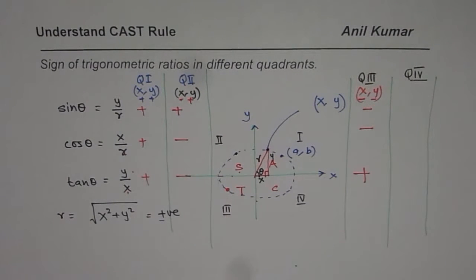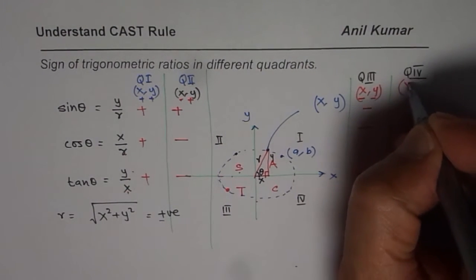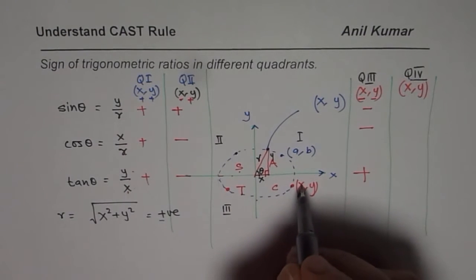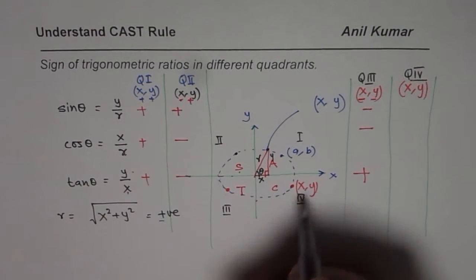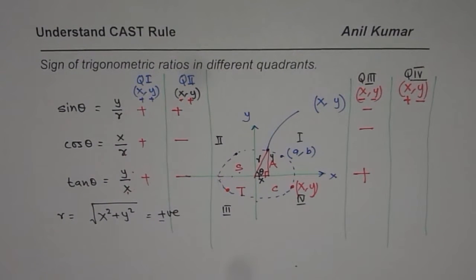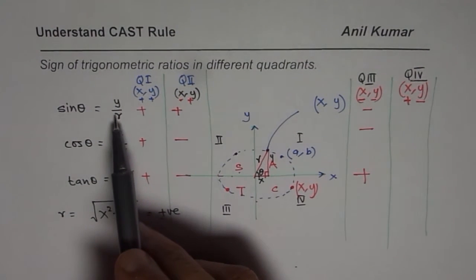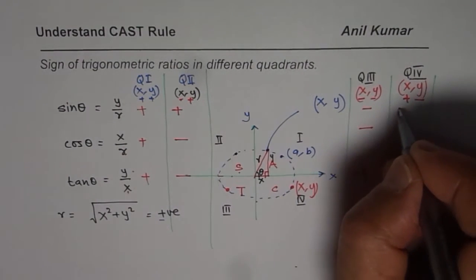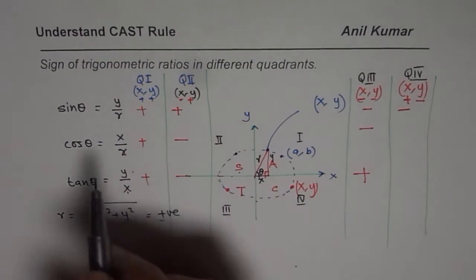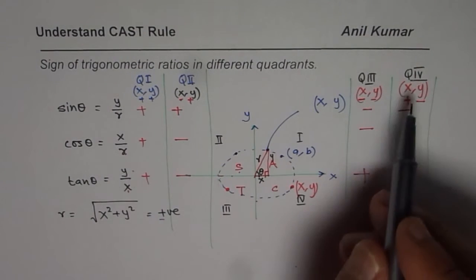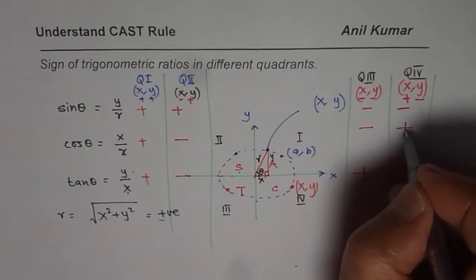In quadrant 4, what happens? Again, let's look at the x and y positions. x is positive now, but y is negative. If you apply the ratios, y is negative and r is positive, so sine is negative. For cosine, x over r, x is positive, therefore cosine is positive.